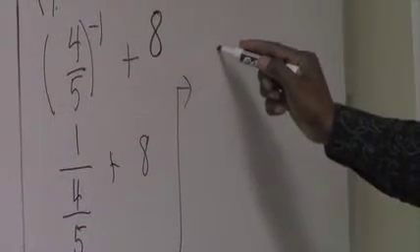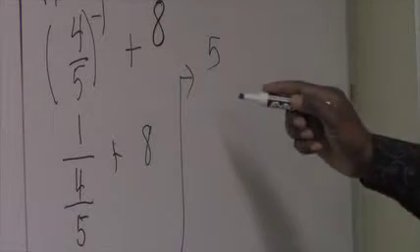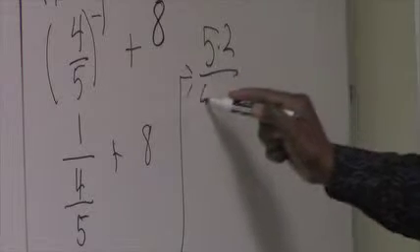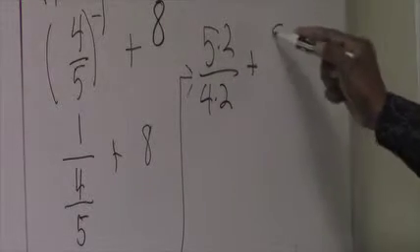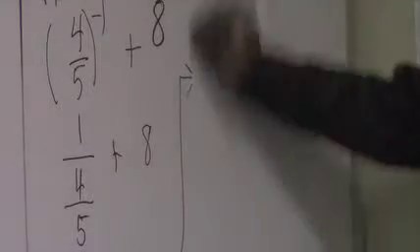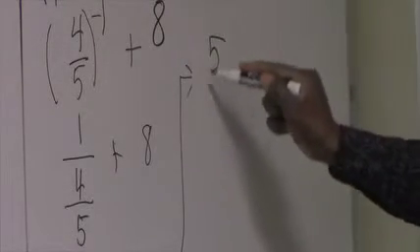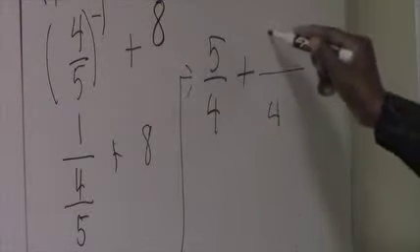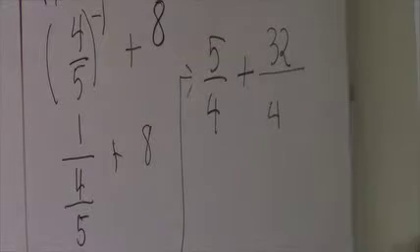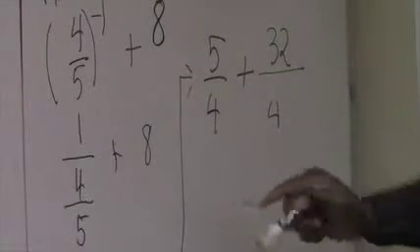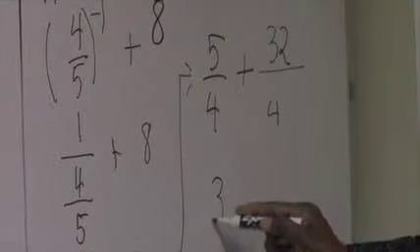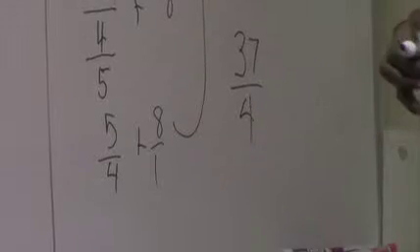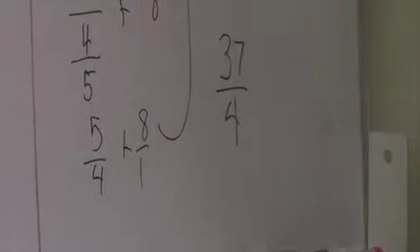No, I'm sorry, the least common denominator here will be 4. So I'm going to write this as 5 over 4 plus 32 over 4. You can see that 32 divided by 4 is 8, so we haven't changed anything. Now I can add the numerators to have 37 over 4. So that is what we're going to have for problem number 3.